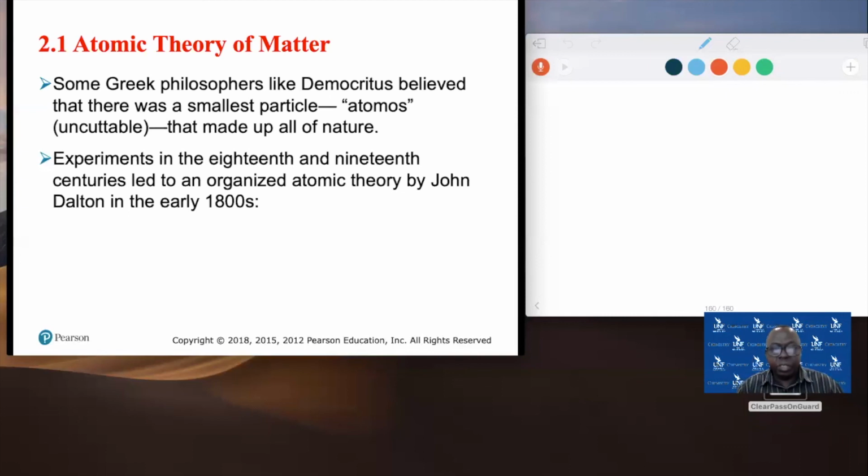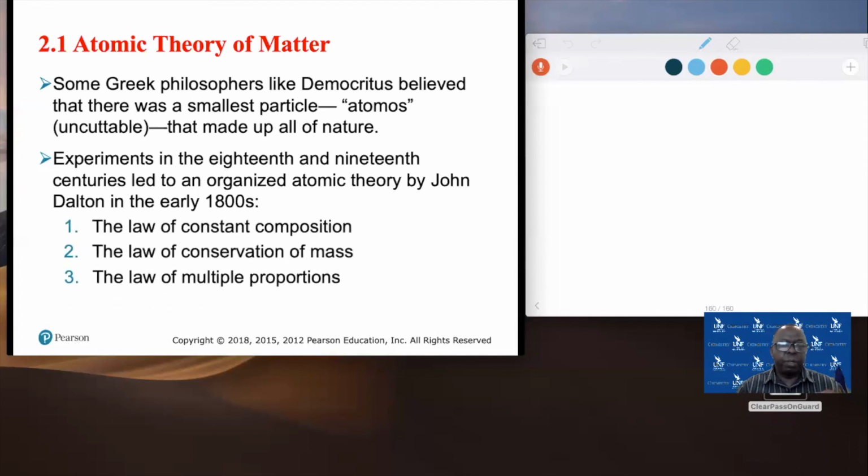And Dalton used that observation of mass conservation to explain that there is a fundamental building block of matter. These were observations which they could not explain until Dalton tried to explain them with his atomic theory, based on the law of constant composition, the law of mass conservation, and the law of multiple proportion. Please make note of these.